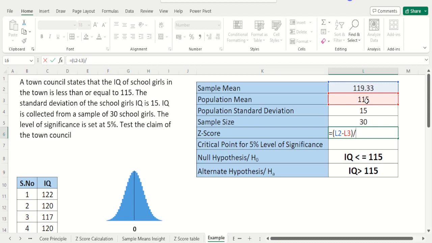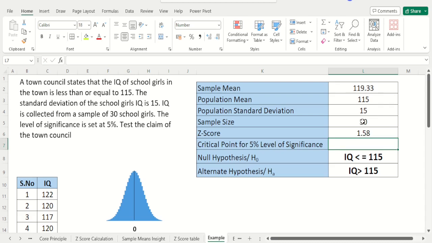But as we know that we don't have the mean of samples, it's going to be the standard deviation of the population, which in this case is 15, divided by the square root of the sample size. The square root of the sample size is 30. So this is going to then generate the z-score for us. And as you can see, it has generated a z-score of 1.58 for us. Okay, so this is the z-score of the sample.